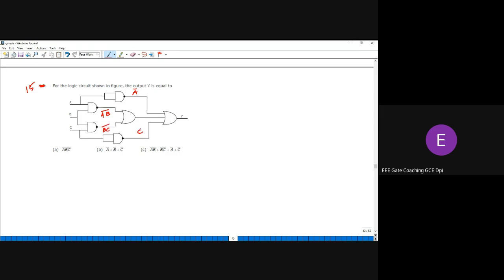This is C bar. So finally, what is Y? Y is equal to A bar plus C bar plus AB bar plus BC bar.